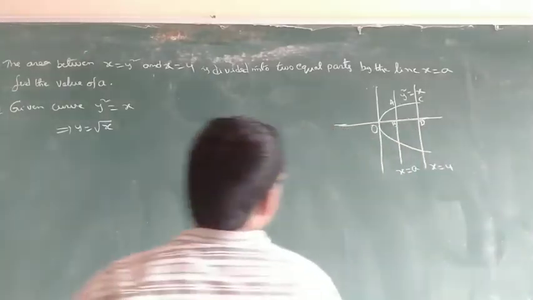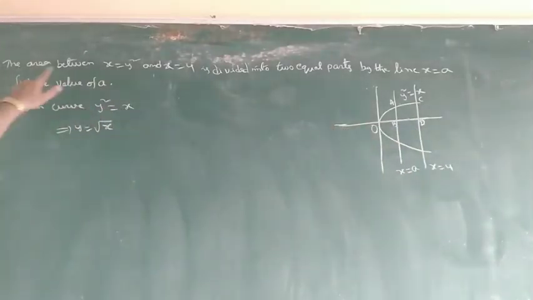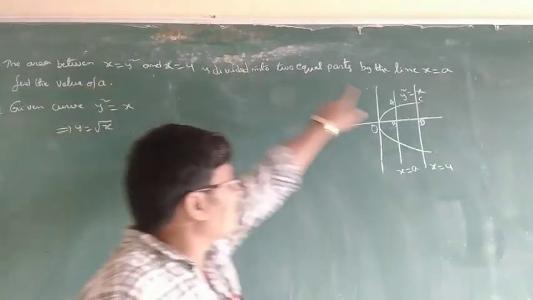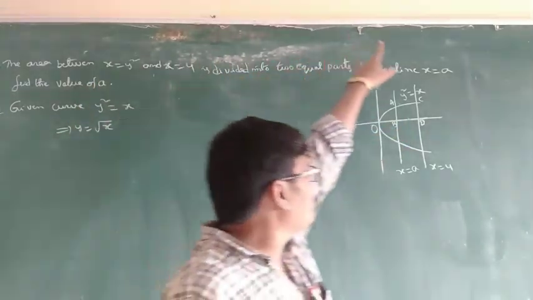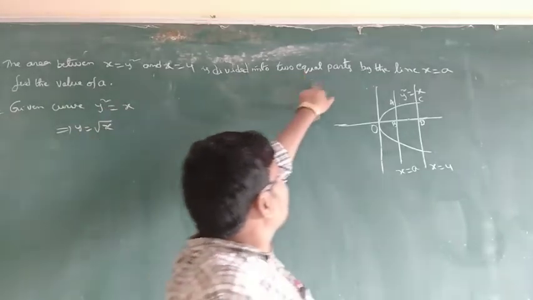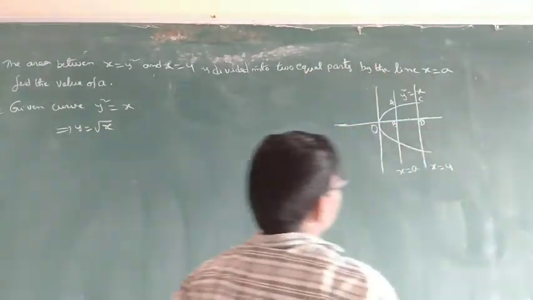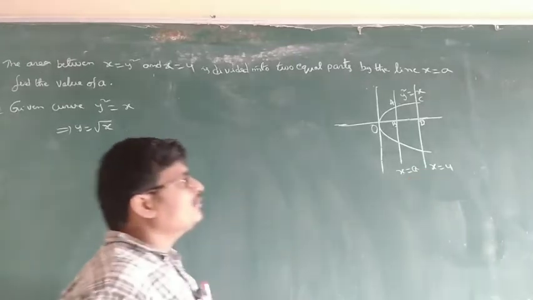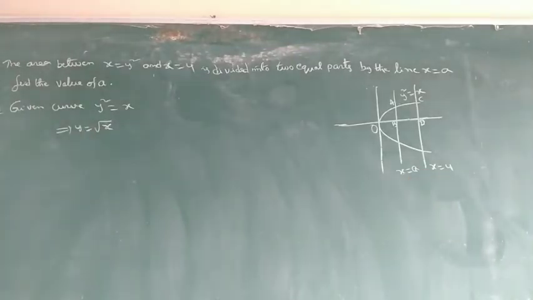Okay, divide into two equal parts. The area between the parabola y square is equal to x and x is equal to 4, parallel to the y axis, is divided into two equal parts by the line x is equal to a. That line divides the parabola into two equal parts.